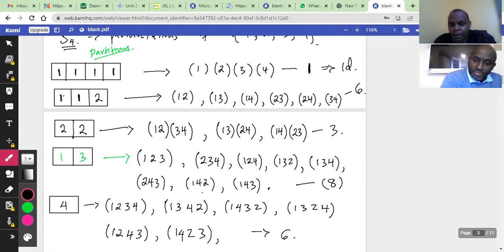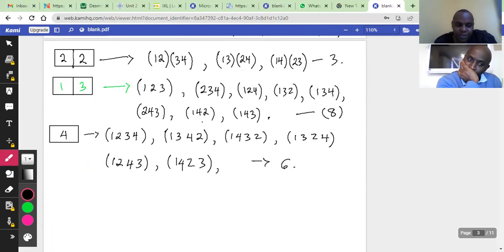Okay. Now, there was this conjecture that we are still working on. Do you think the order of 1, 4, 2, 3 is 4? 1, 4, 2, 3. Is its order 4?